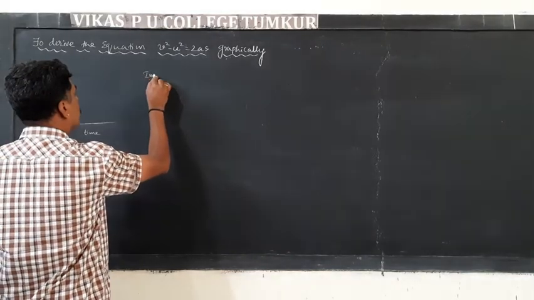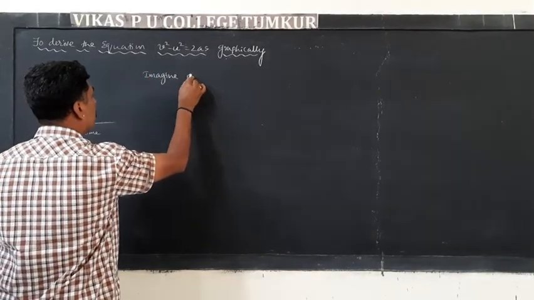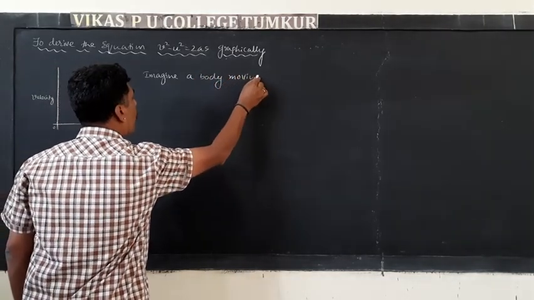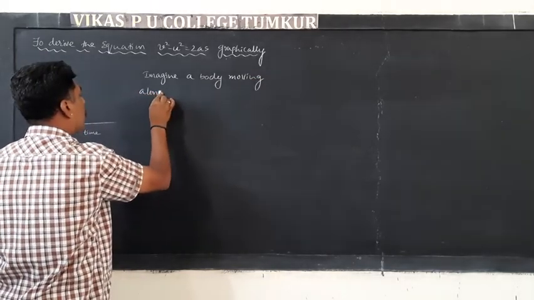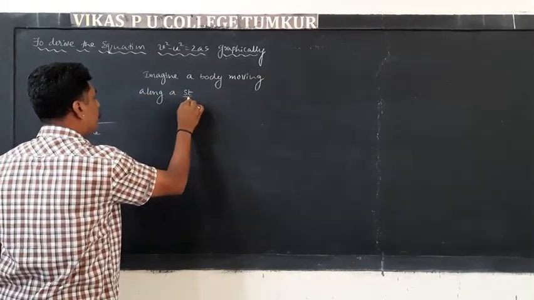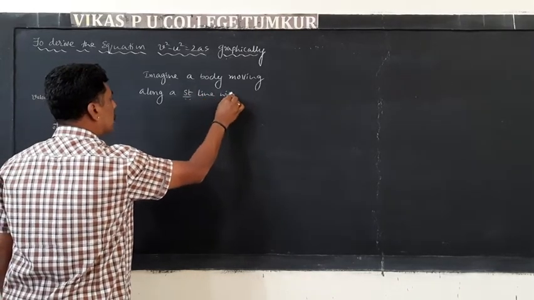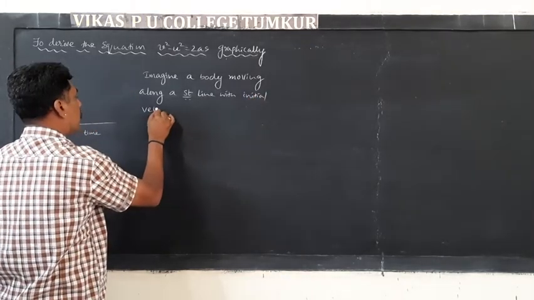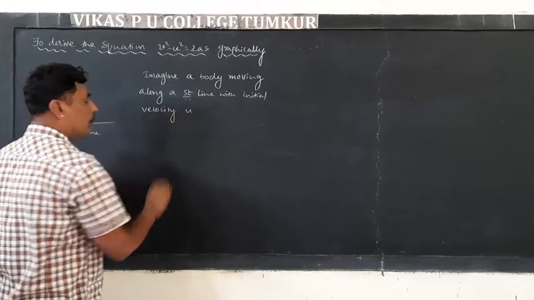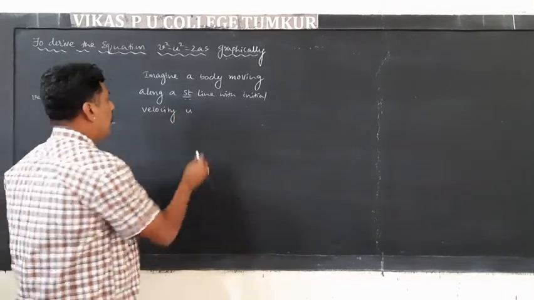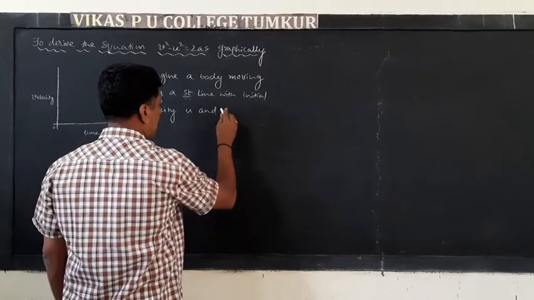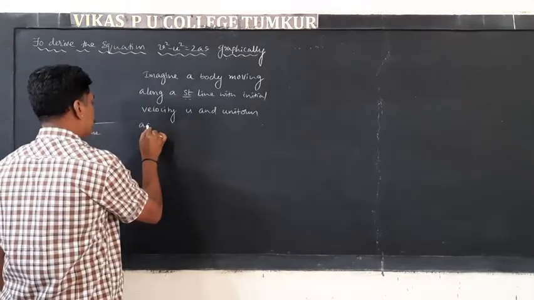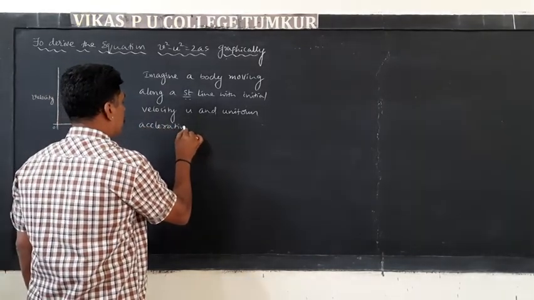So I will imagine a body moving along a straight line with say initial velocity u and uniform acceleration a.